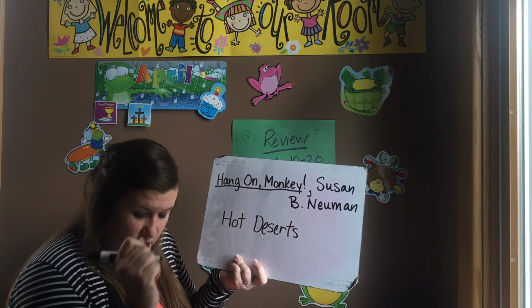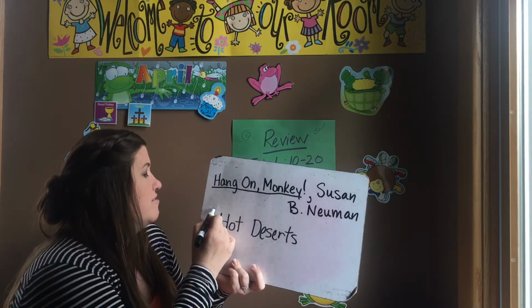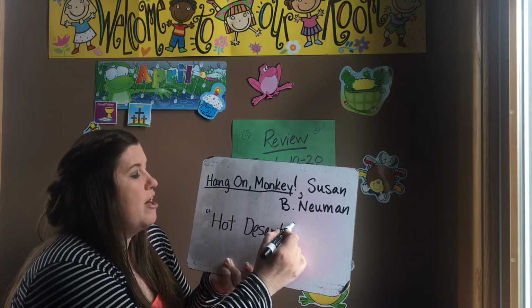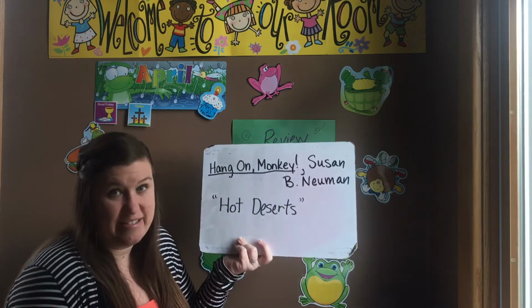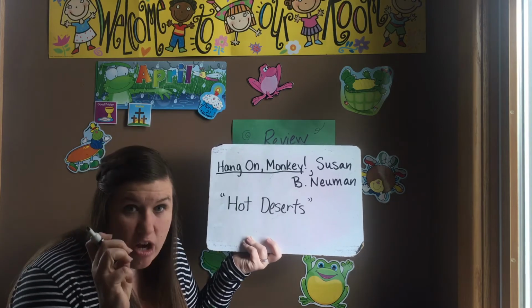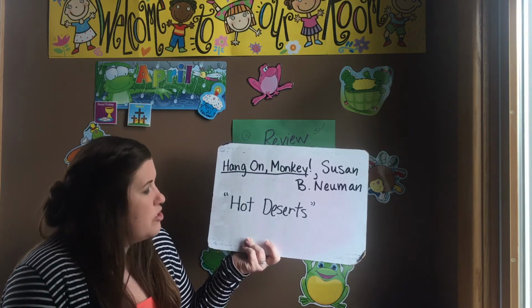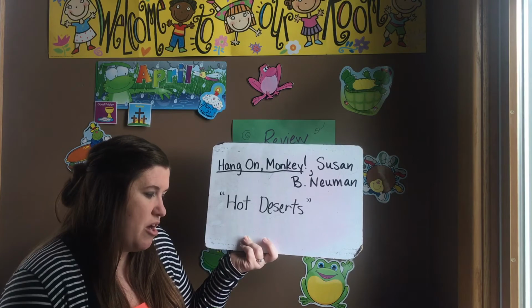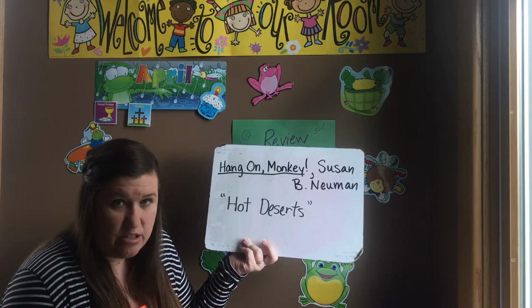And then we're going to use quotation marks, kind of like two commas together around the sides. Quotation marks, we see those a lot in books when someone is talking, okay? But these quotation marks are identifying the title of our article.